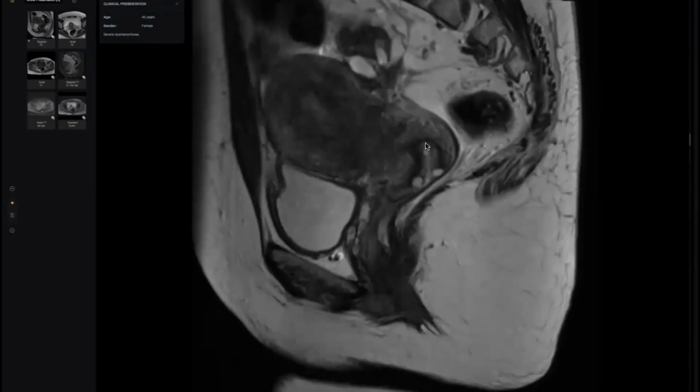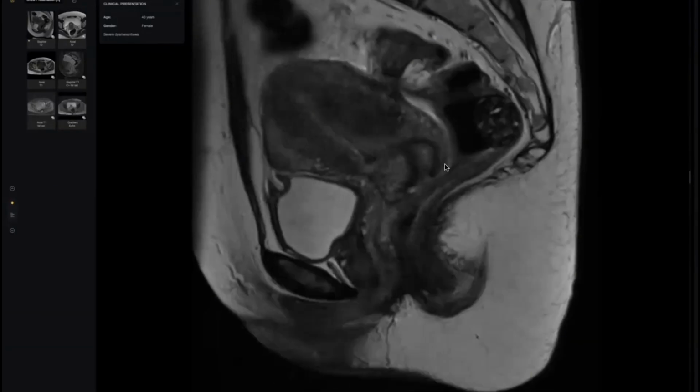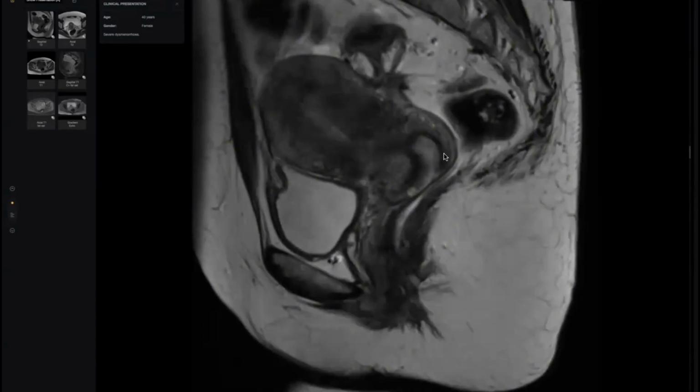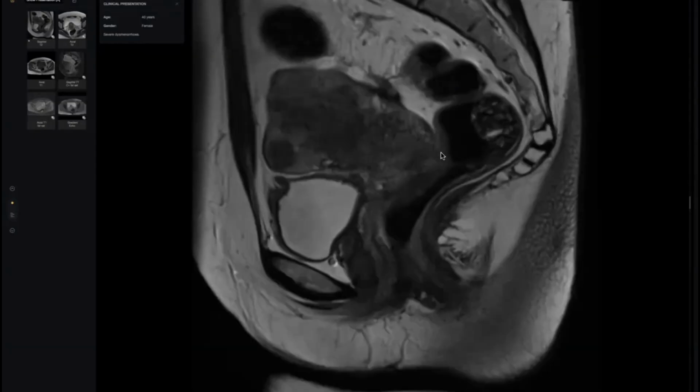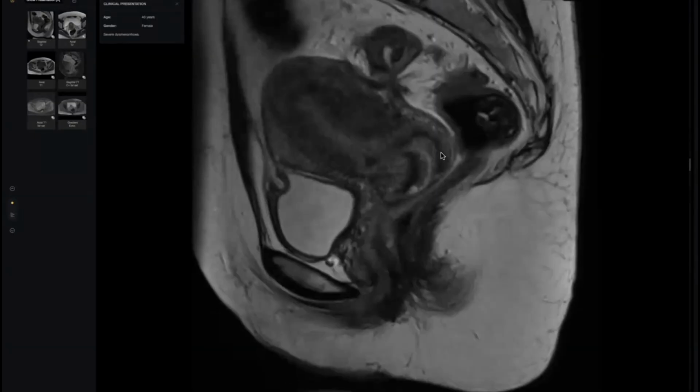Apart from that, I'm looking at the cervix, which appears normal to me.